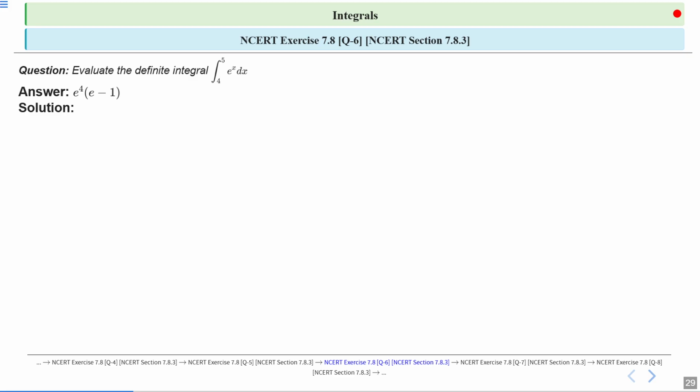Answer is e^4 into (e minus 1). Let's see the step by step solution.